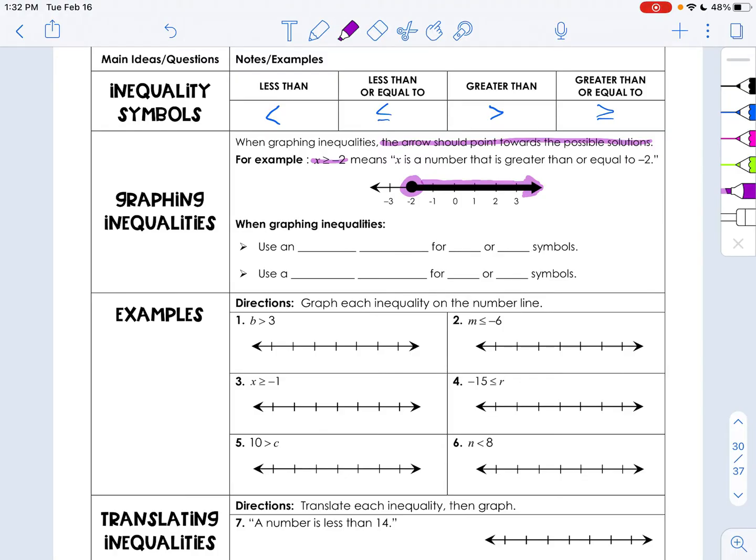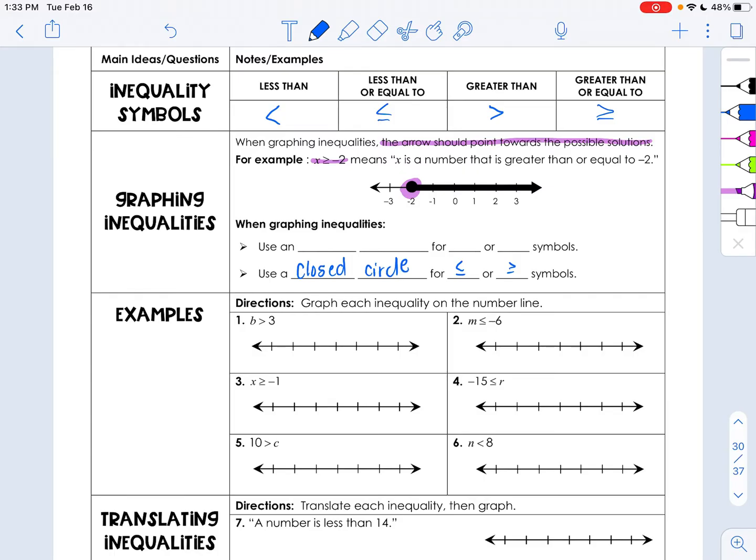So let's talk a little bit more in depth about the circle and the arrow. In this example, we used a closed circle at -2 because we had the equals in our inequality symbol. So we use a closed circle for the less than or equal to or greater than or equal to symbol.